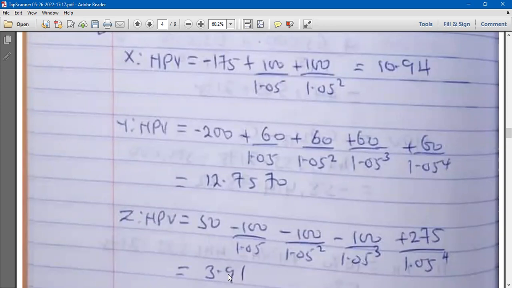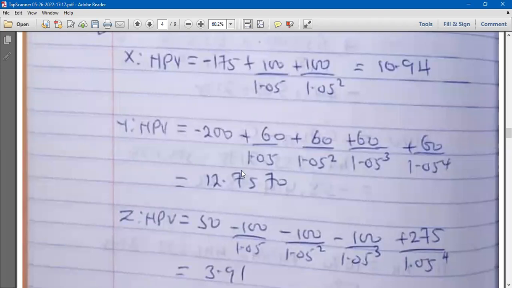So if you remember, for multiple projects, when you are using the NPV criterion, you have to compare the various NPVs. The one with the higher NPV is the project that we go for. So when the discount rate is 5%, we go for Y, because it has the greatest NPV of 12.7570.